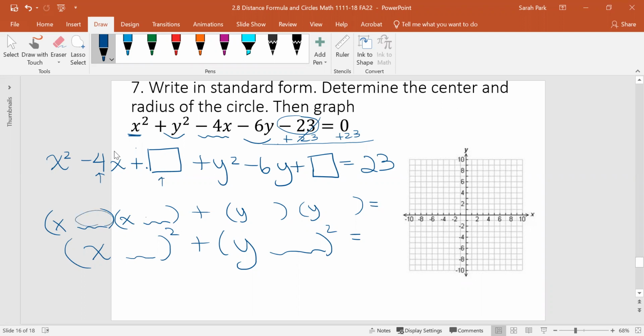Because we're splitting up negative 4 into these two spaces, what we're going to do is take negative 4 and divide the middle term by 2. That is going to give us negative 2. That's going to go here, those two values.